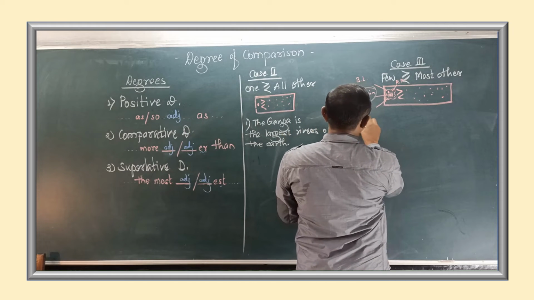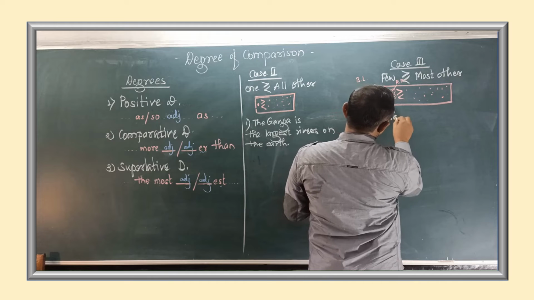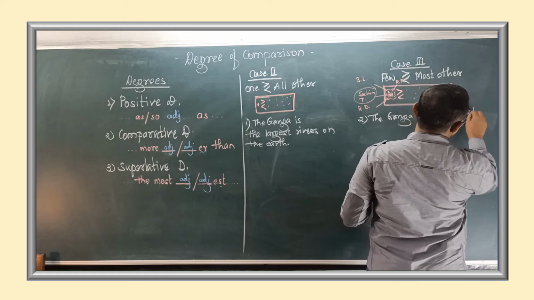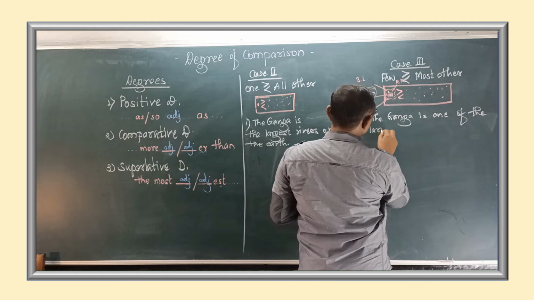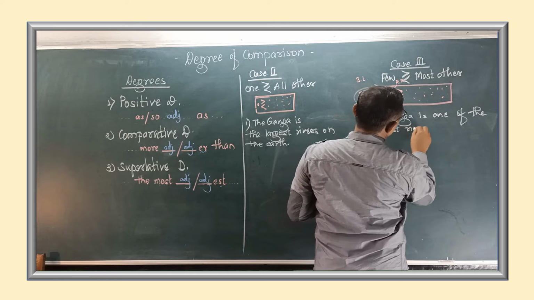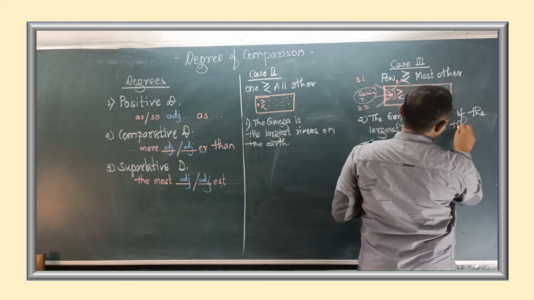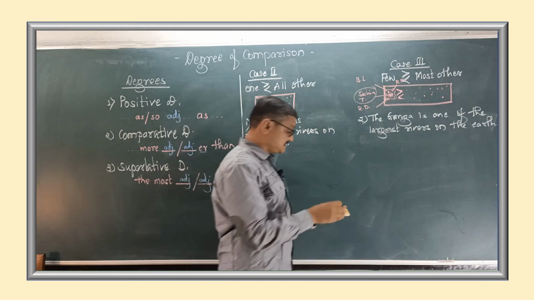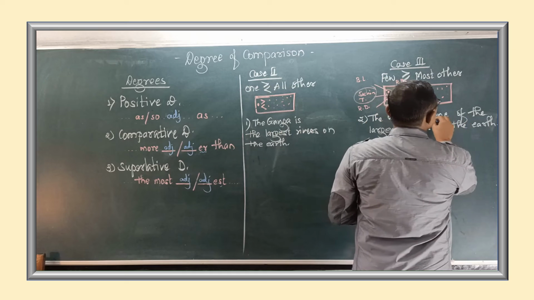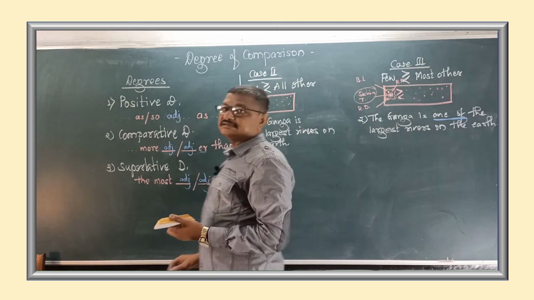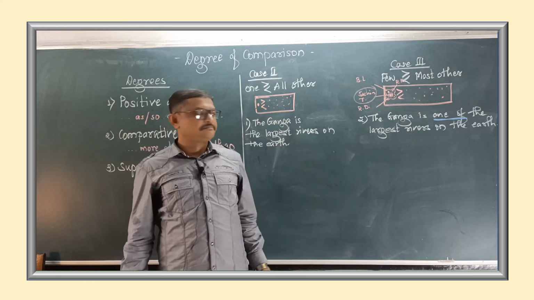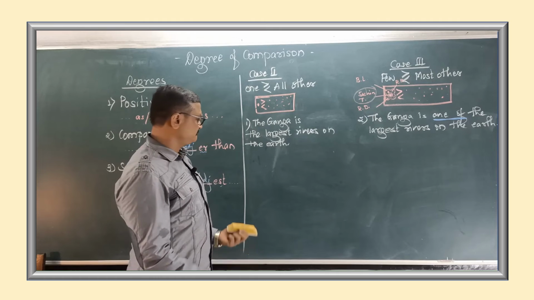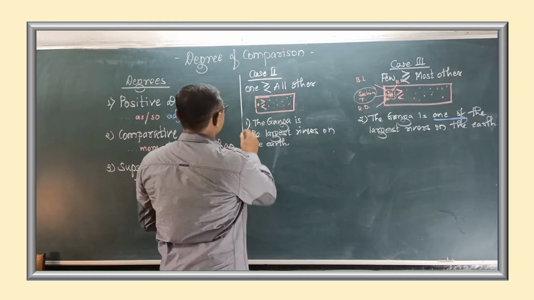And here, the Ganga is one of the largest rivers on the earth. See, except for this one of, the sentences are the same. The one of in the sentence has made the total difference. Both the sentences are of the superlative degree.